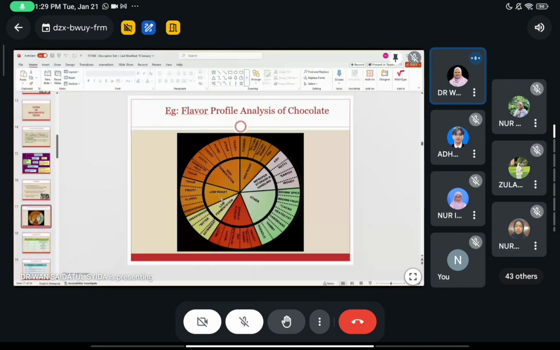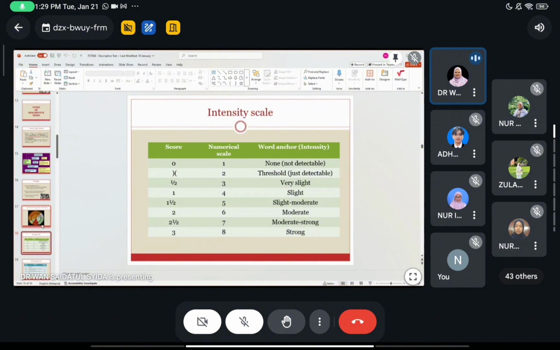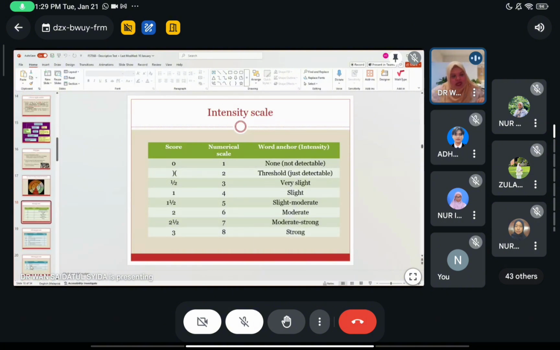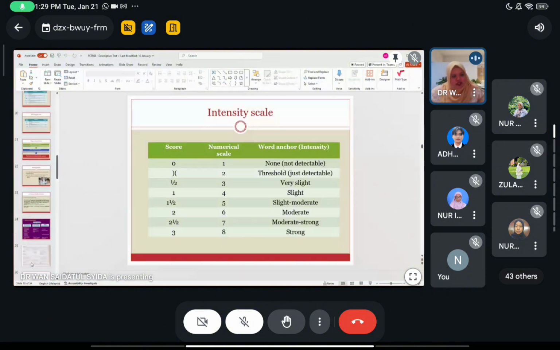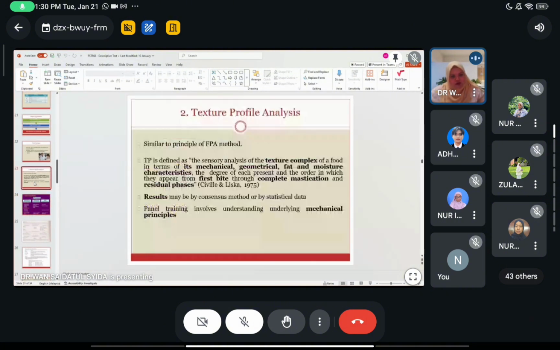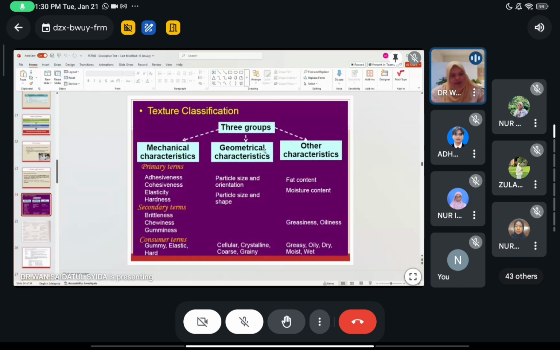So you need to have the description of each attribute. Tu you kena extra lah, carilah extra points or extra notes, in Google ke, in journals ke. I would suggest you find the flavor profile analysis of chocolate in the journals. You will find it. All right, so in the texture profile, we go to texture profile analysis. This is the same.